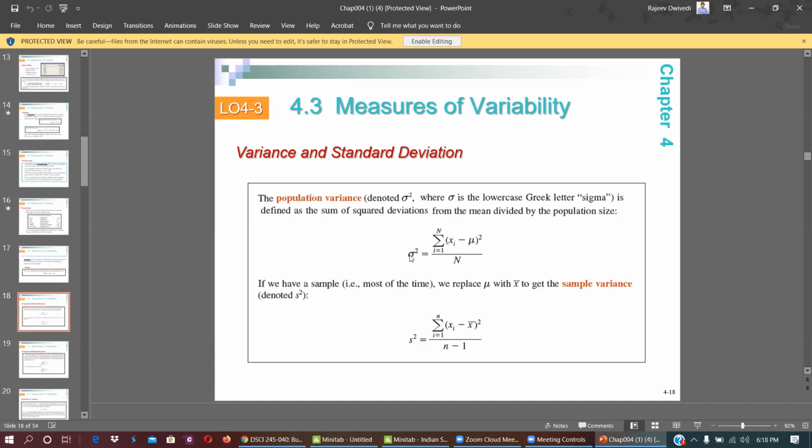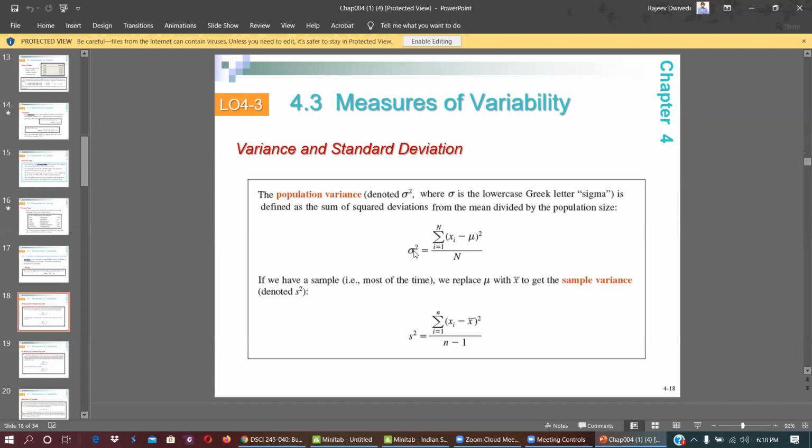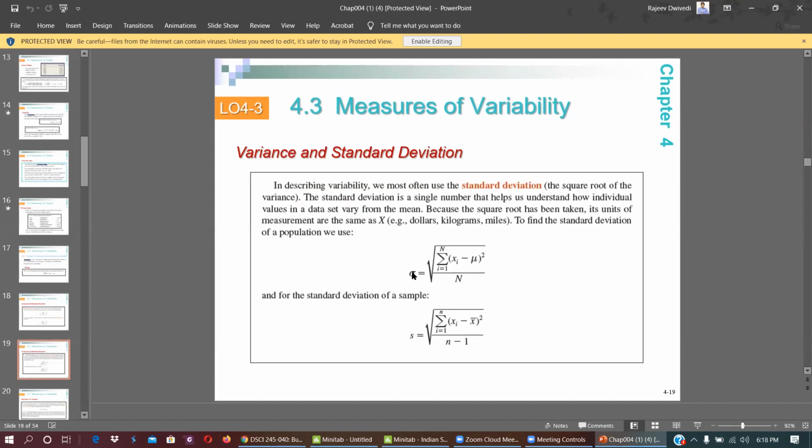That means this is the variance of the population. Here you can see small s. That is the variance of the sample. Now look into the standard deviation. Sigma is the standard deviation of the population, and s is the standard deviation of the sample. So this you can simply understand.